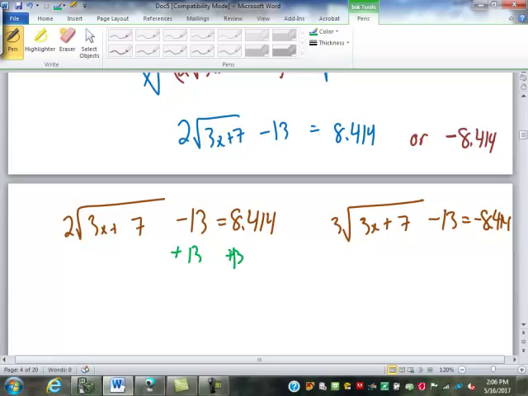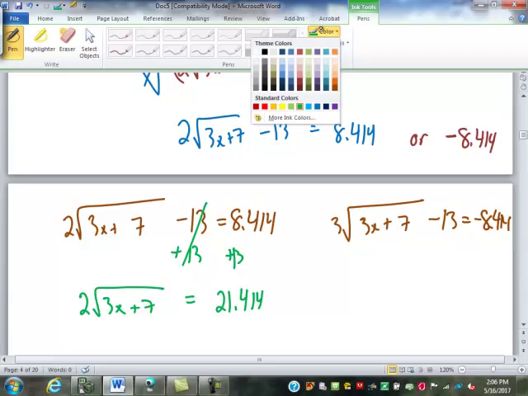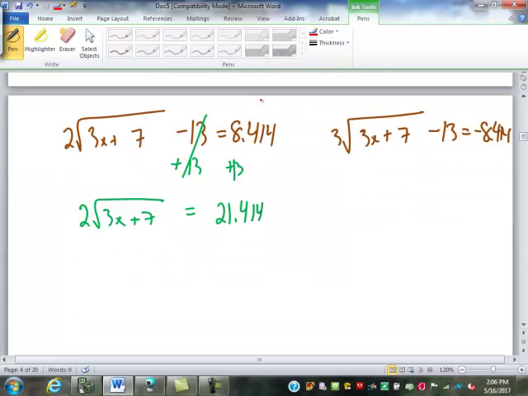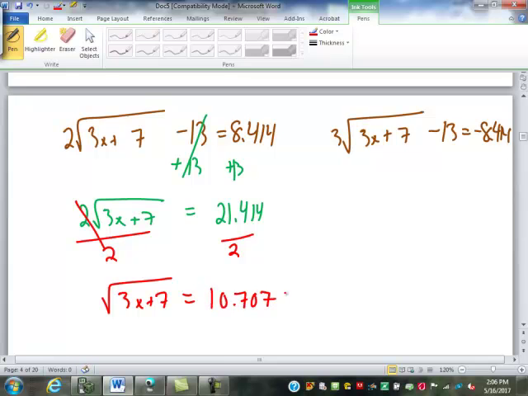We have to add 13 to get rid of the 13. So this is 21.414. Over here, I got to divide by 2. 21.414 divided by 2 is 10.707.